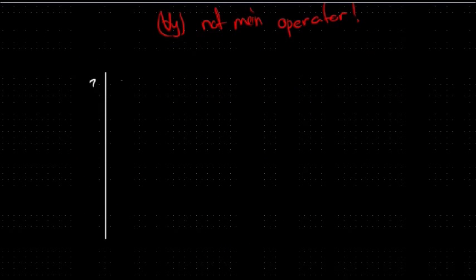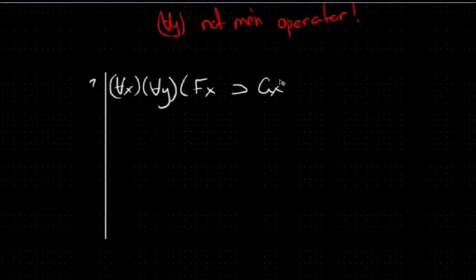The other thing is just about, suppose we had ∀x ∀y, let's say, if Fx then Gy. So that's our premise.